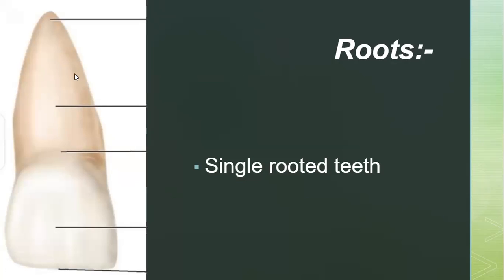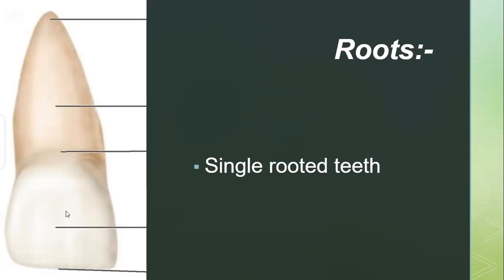As you can see in this picture, this is an anterior tooth having a single root. All four incisors and two canines in the upper as well as in the mandible would have a single root. From canine to canine, it would have a single root.